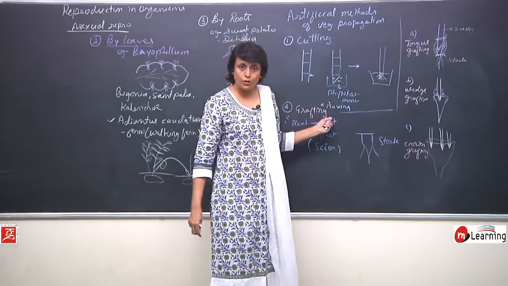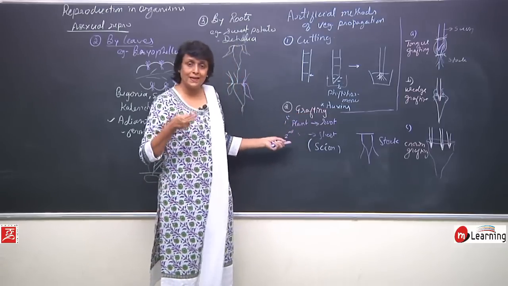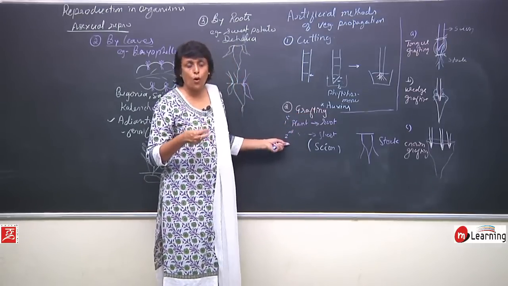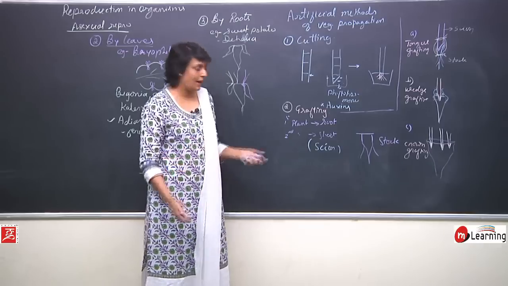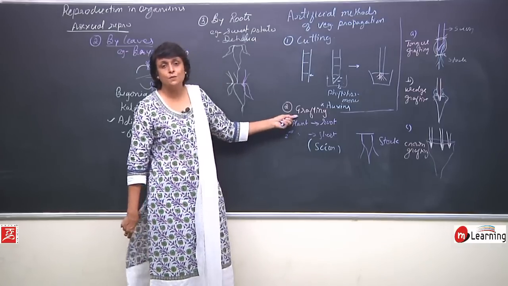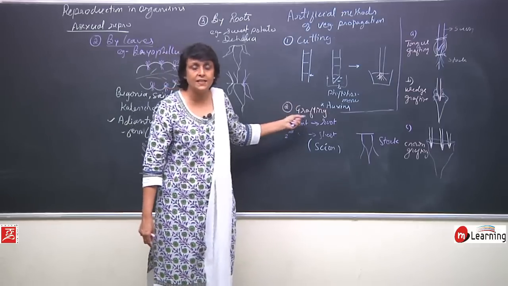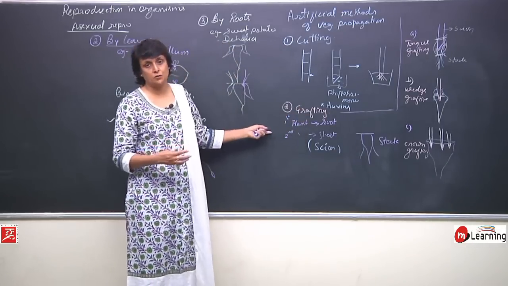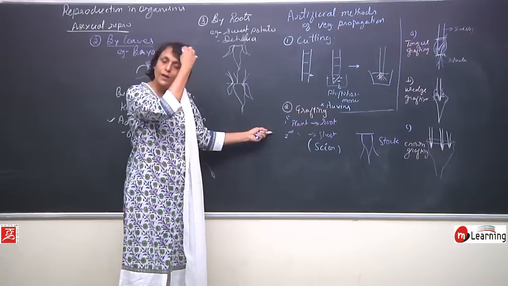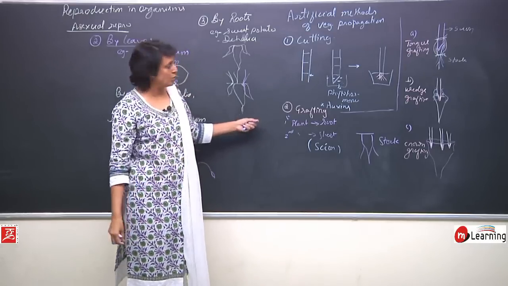So the importance of this is you want to combine characters of 2 plants or you just want to improve the ornamental value of that particular plant. For both, this grafting is very, very important and it can be very easily done. Rose is one plant where grafting is very successfully done, but we can do it with any other plant also.